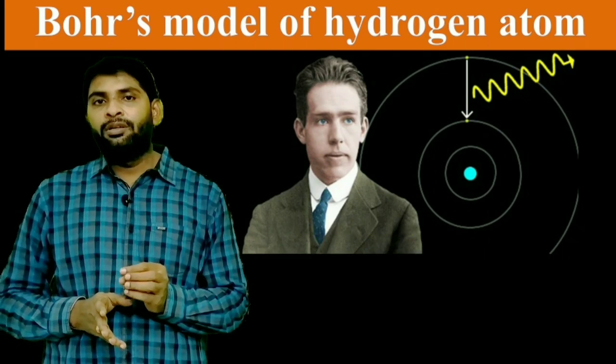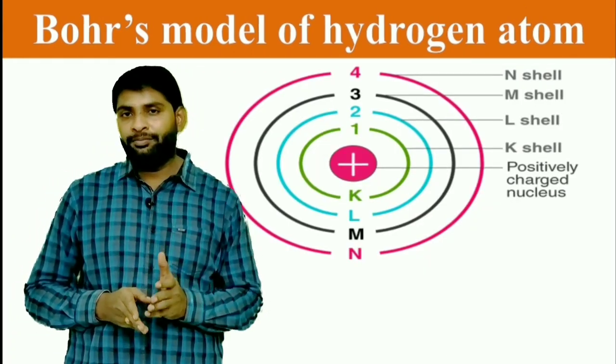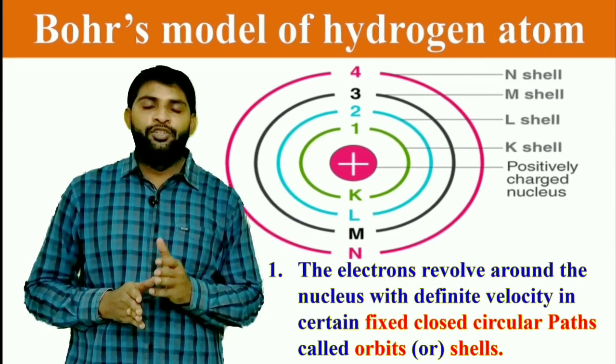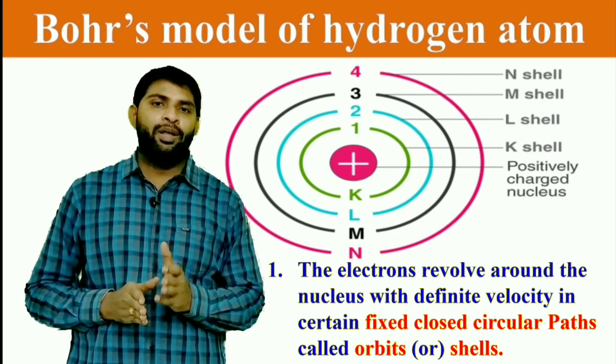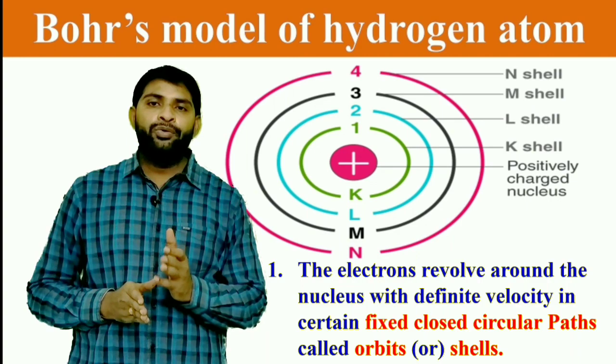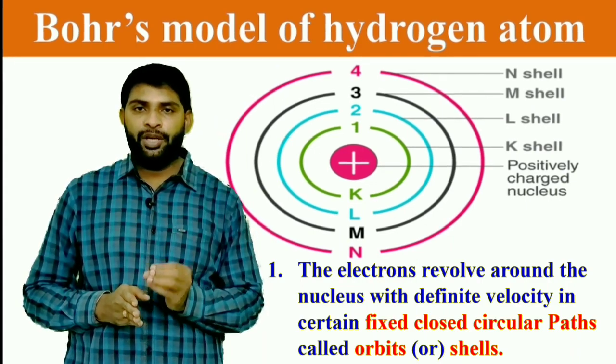Coming to the postulates of Bohr's model. Number 1. The electrons revolve around the nucleus with definite velocity in certain fixed closed circular paths called orbits or shells.